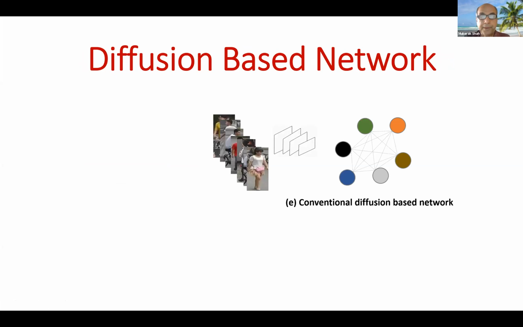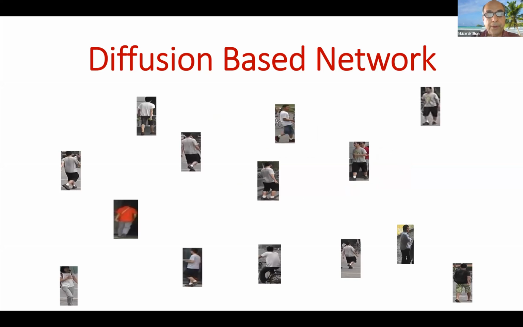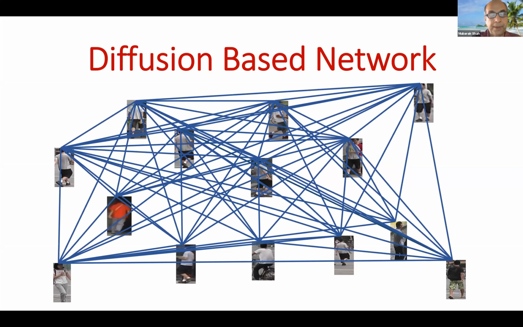Now, if you look at the most general case, which is called the diffusion-based network, not only two or three or four images, we will consider all the images. We'll come up with a graph like this.